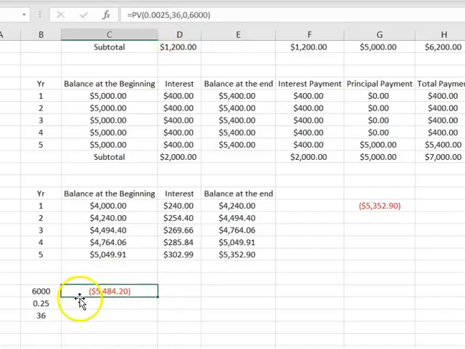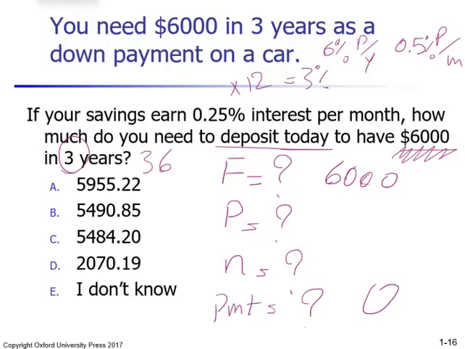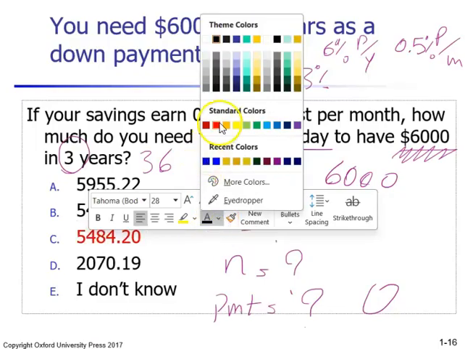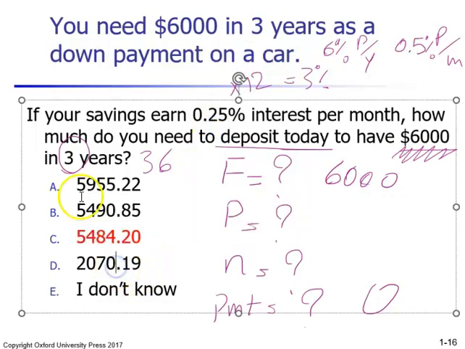And so it is telling me I need to deposit 5,484.20 now to get $6,000 after 3 years. So the answer would be this one. I'll make it red, so it's apparent.